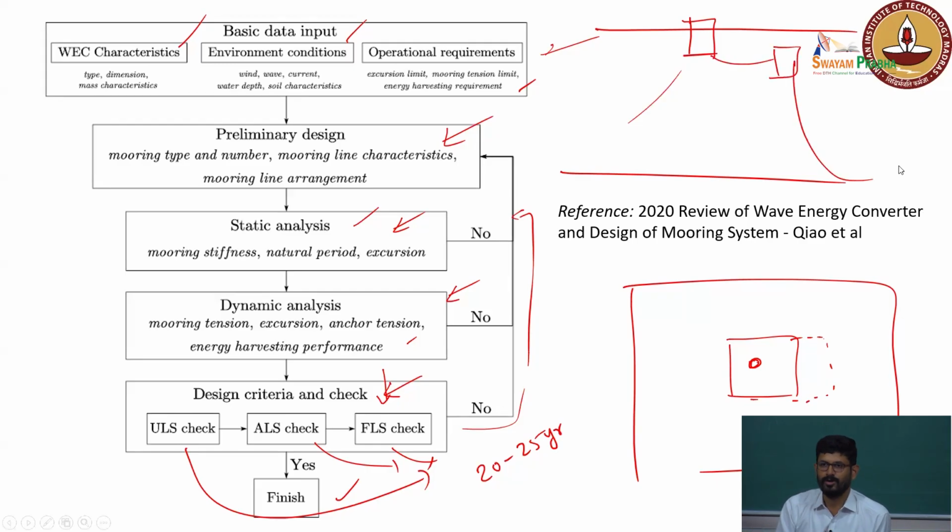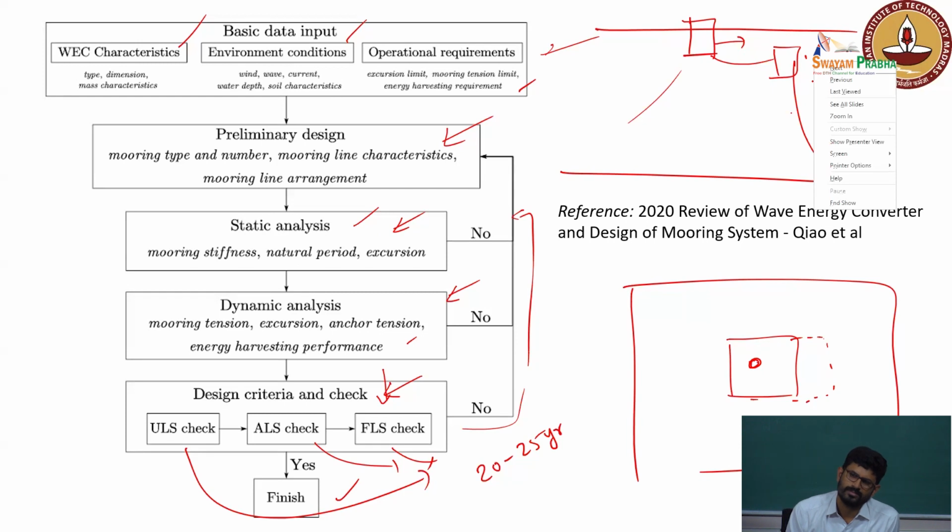And then you will have it this way. So you are basically detaching the loads that are transferred from the device to the mooring, because the moorings will try to restrain it and start responding. You don't want the response coming from the mooring, so you want to decouple it, right? That is the reason we will have some kind of a buoy, so that almost a horizontal connection comes into the picture.